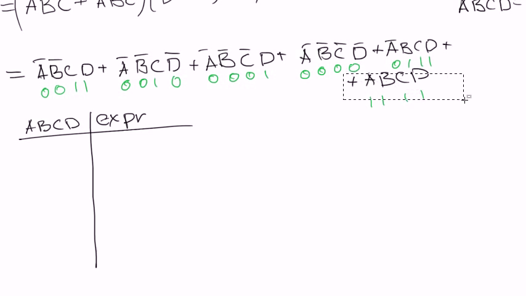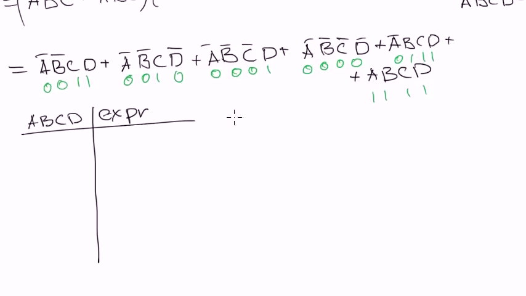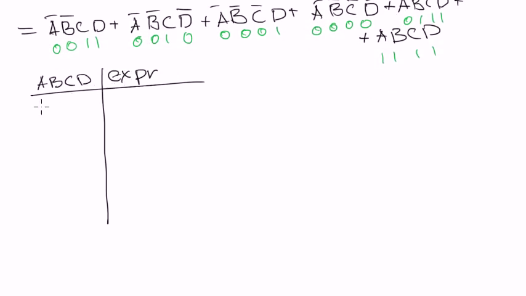Now the point is that every one of these terms represents one line of the truth table. So, okay, let's write down the whole truth table. 0, 0, it's going to take time.